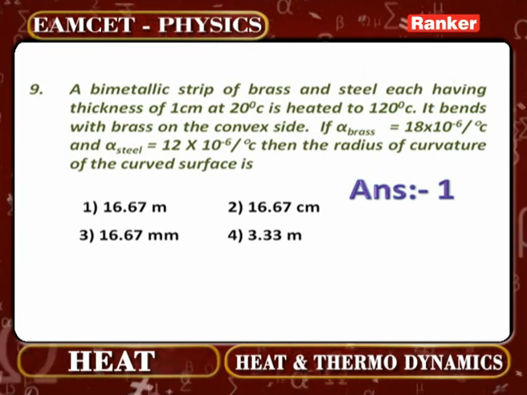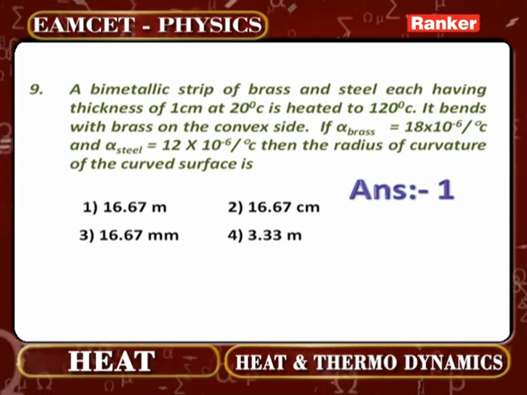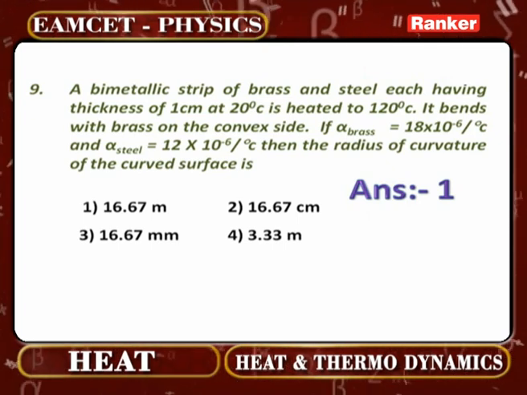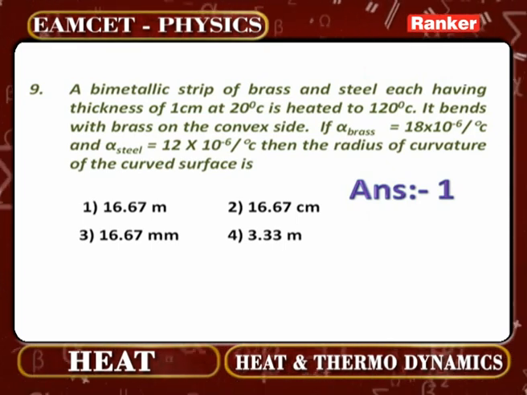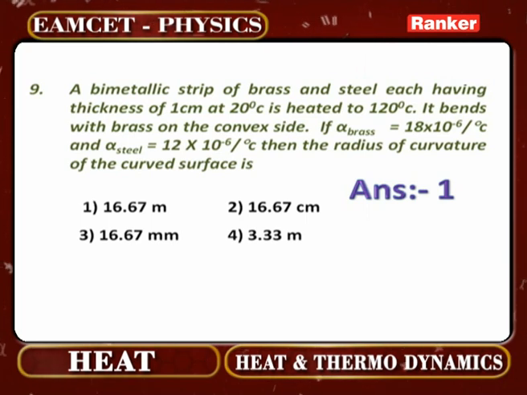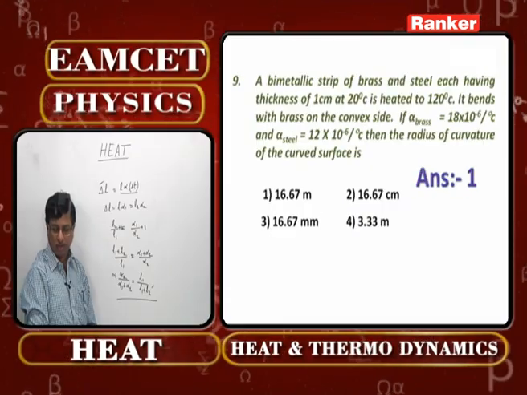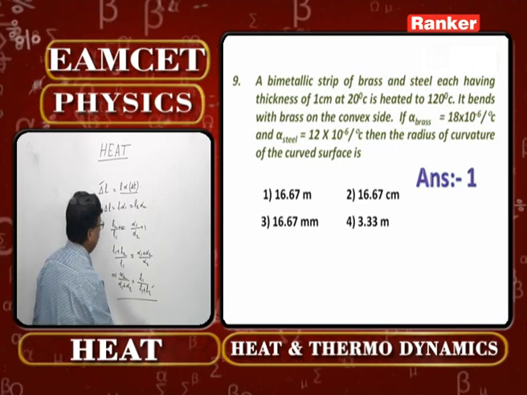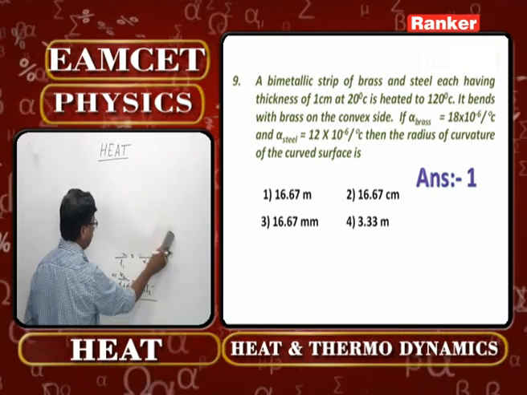Then automatically that will be seen towards the convex side when it is bent after being heated. If alpha of brass is 18 into 10 power minus 6 per degree centigrade and alpha of steel is 12 into 10 power minus 6 per degree centigrade, then the radius of curvature of the curved surface will now be how much? That is the concept.